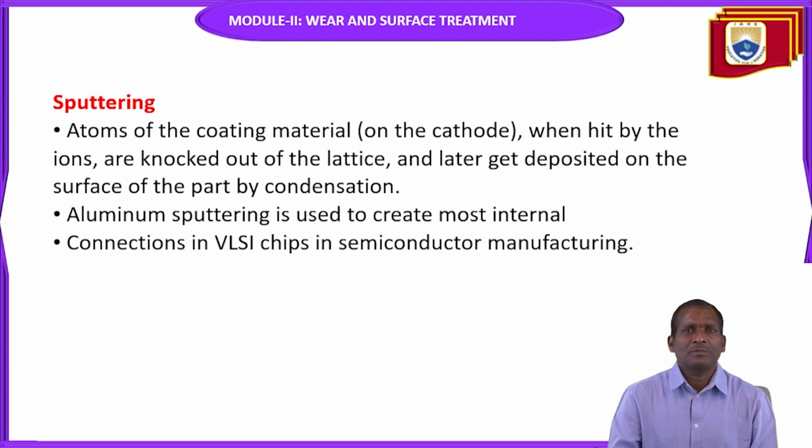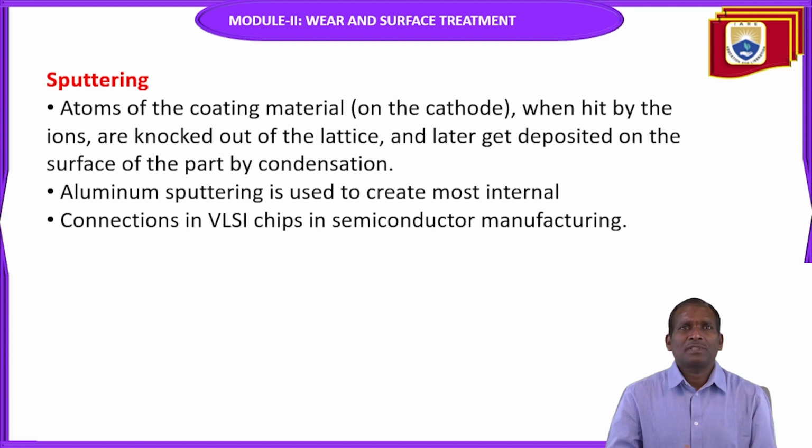Here, the atoms of the coating material on the cathode, when hit by the ions, are knocked out of the lattice and later get deposited on the surface of the part by the condensation process. In this sputtering process, aluminum sputtering is used to create most internal coatings and connections in VLSI chips in semiconductor manufacturing.